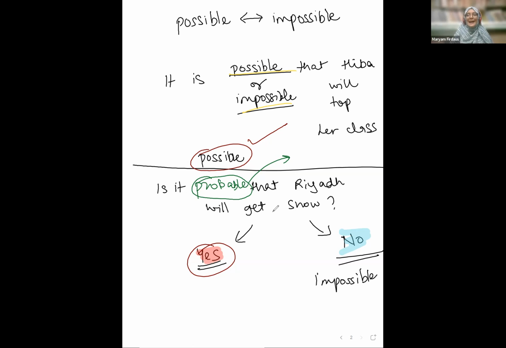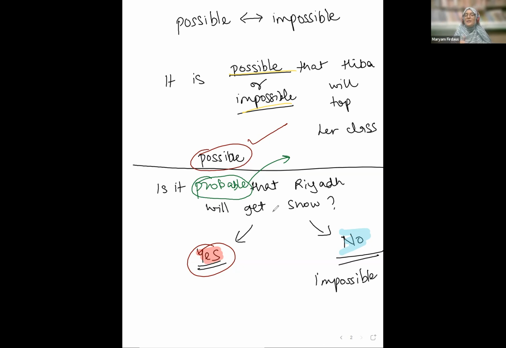So we know that it can happen in the future, but it won't be very frequent. It won't happen again and again. It will happen very rarely. When we talk about it in mathematical terms, we call it probability.